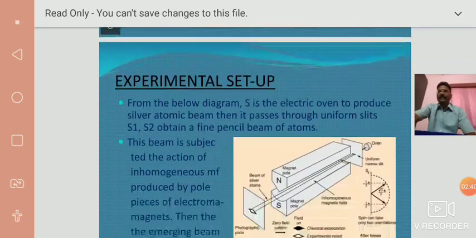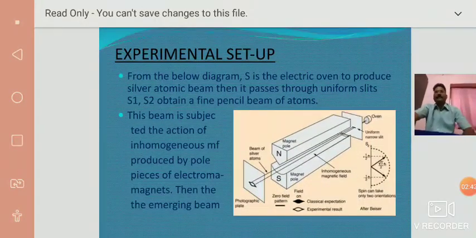Next slide. Experimental setup of the Stern-Gerlach experiment. In the Stern-Gerlach experiment, there are the following main apparatus. One is the electric oven, represented in the right side diagram.